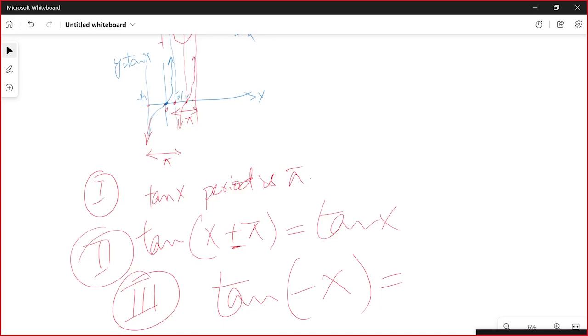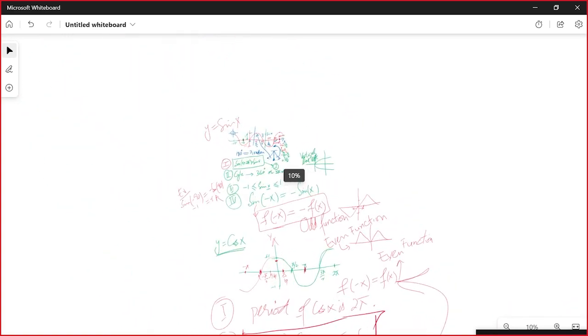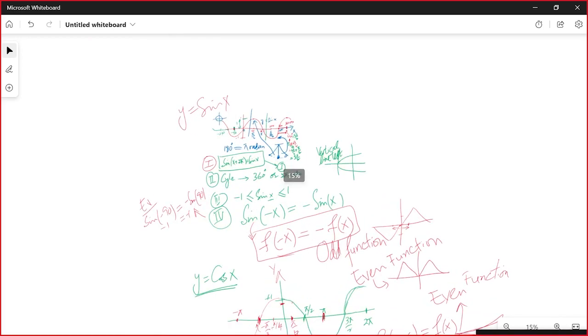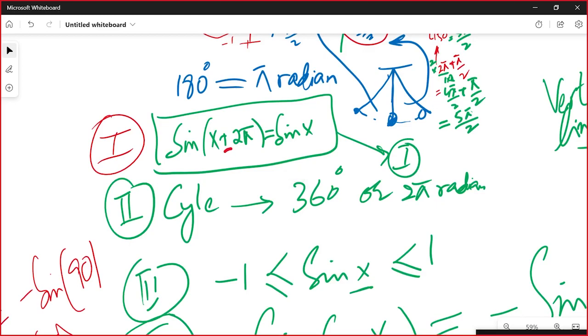So in an odd function, tan minus x would become equal to minus tan x. Does it make sense to you? It's an odd function. Okay, that's very nice. Sorry, just one thing which we had here: I had put plus, so it's also sine x plus 2 pi, and here also minus.